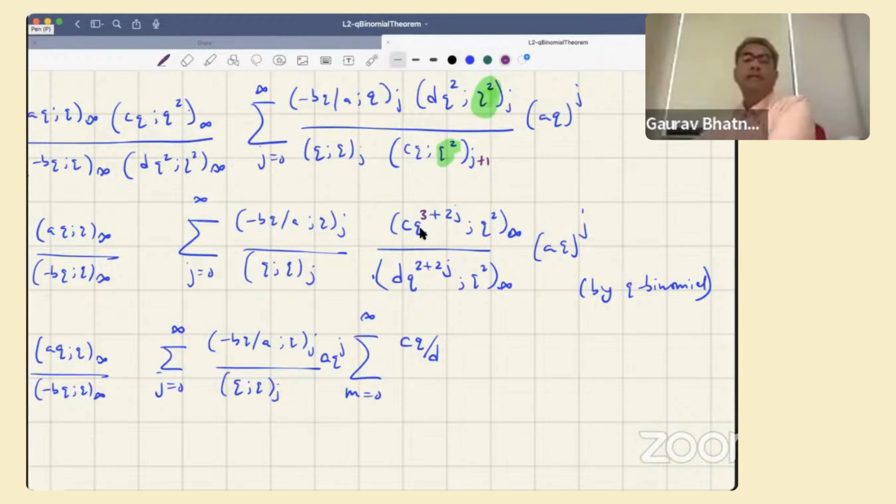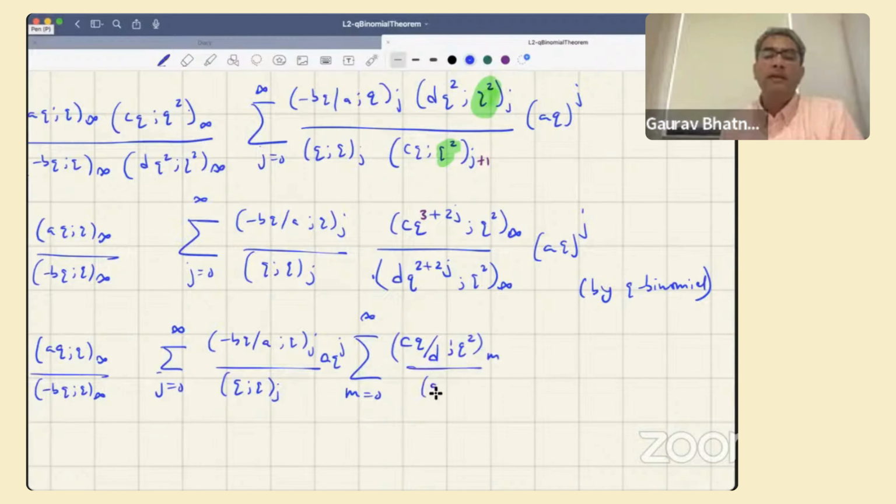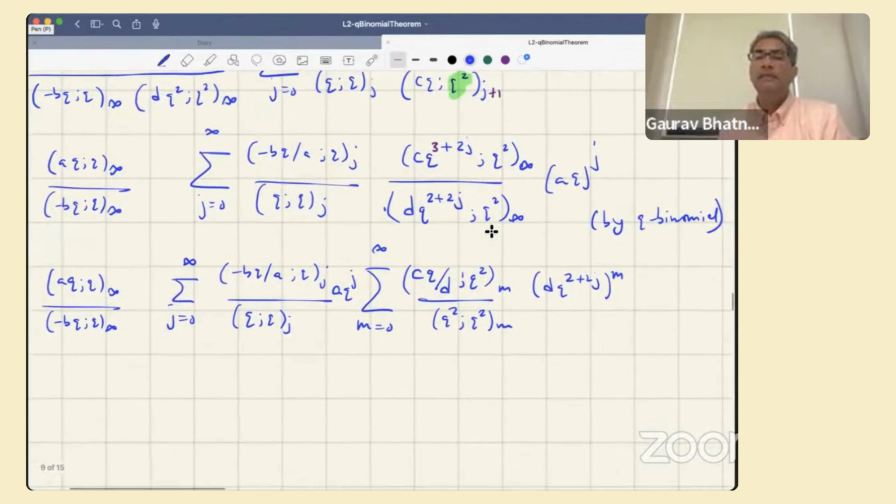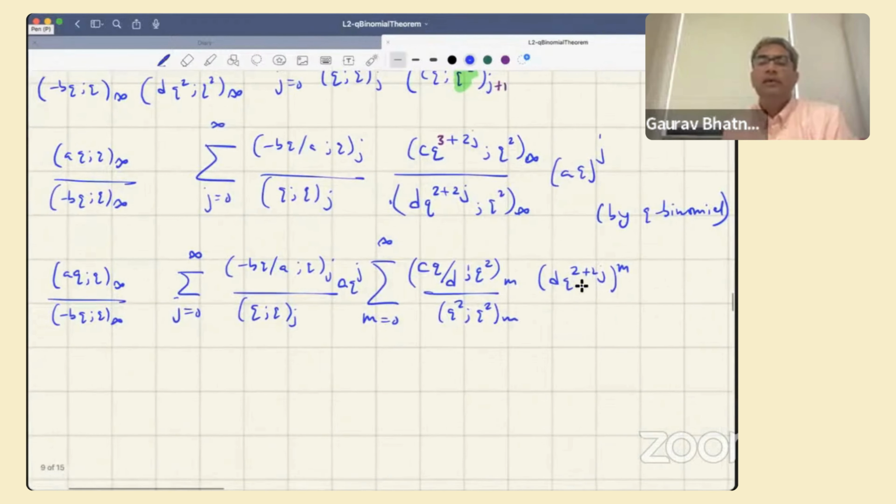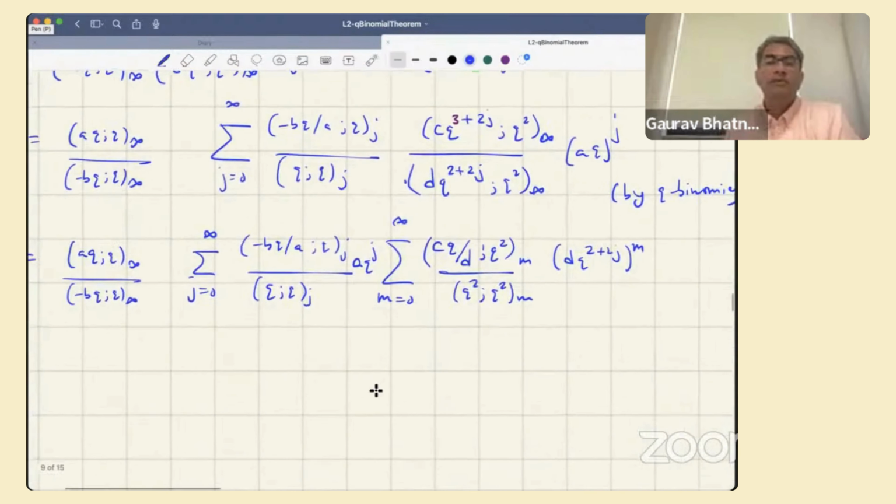And now we'll get the correct value. So now we'll get cq over d, q square m, and q square m, and d q 2 plus 2j raised to the power m. So this 2j comes because the base is now q square. So everywhere this is sort of double of the previous one.